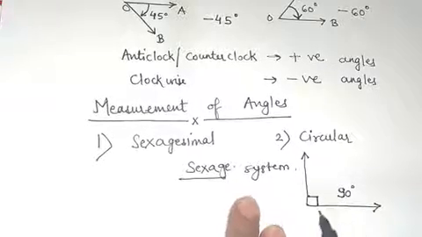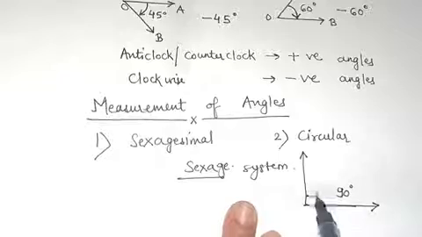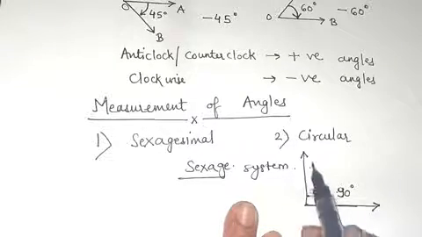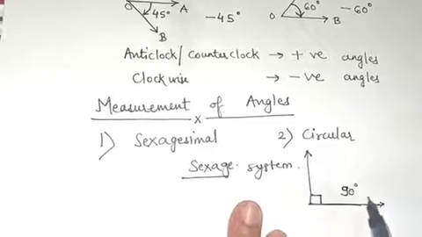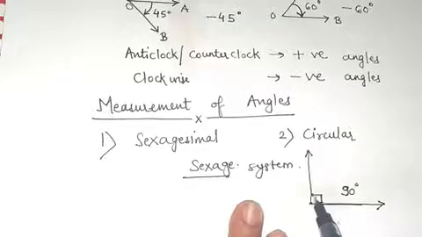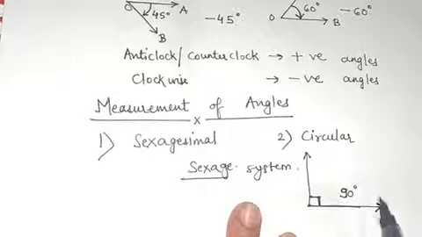Horizontal line and vertical line make an angle of 90 degree with each other. Now this gap is divided into 90 equal parts.